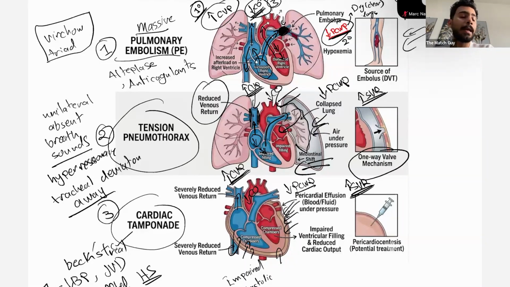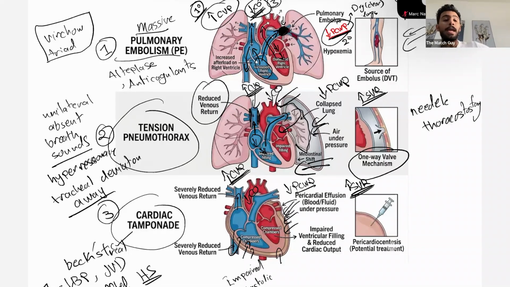For tension pneumothorax, it's pretty easy. We're going to do what we call a needle thoracostomy. The needle thoracostomy involves inserting a needle into the part of the lung that has all of this air and allowing air to escape through this needle to the outside, which is going to relieve all of the pressure that has built up in the chest because of this air accumulating around the lung.